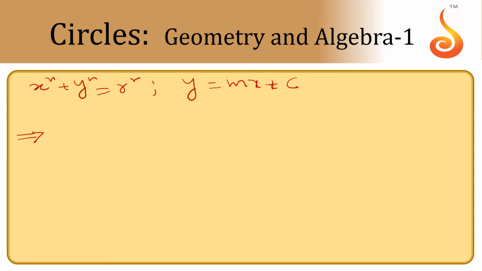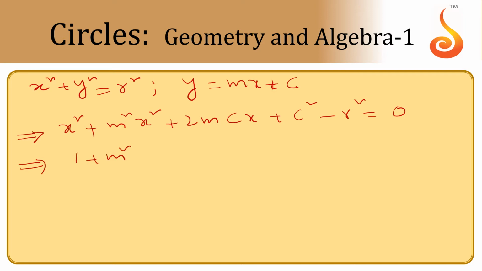There are two loci which we are given, and one locus I am inserting into another. x square plus y square means m square x square plus 2mcx plus c square minus r square equals 0. So what you will get? (1 plus m square) x square plus 2mcx plus c square minus r square equals 0.